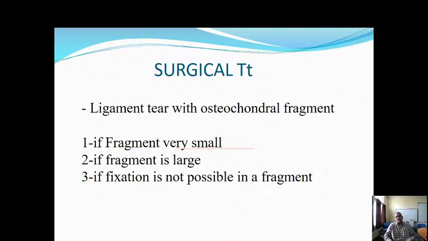How do we go for ligament reconstruction? We split the flexor carpi radialis tendon and we drill holes in the base of the proximal phalanx and the metacarpal head, and we fix the tendon graft.